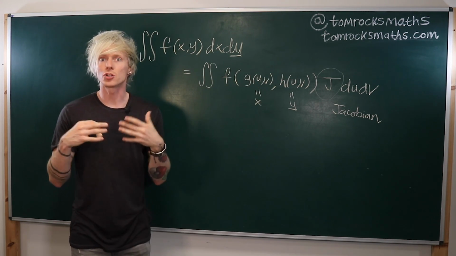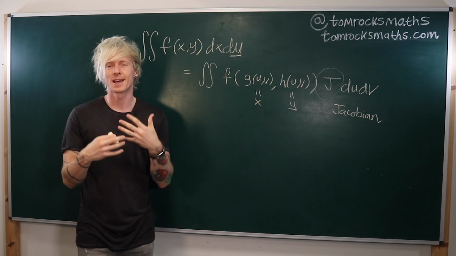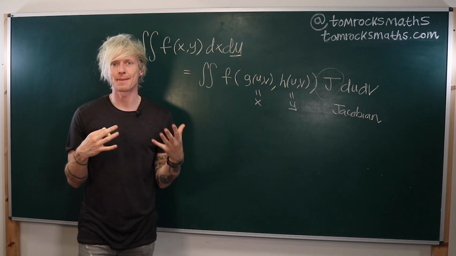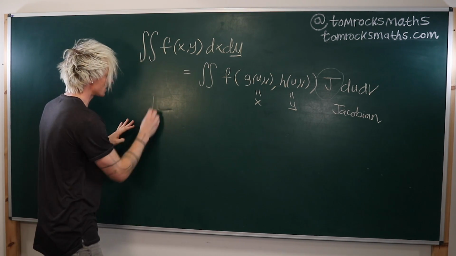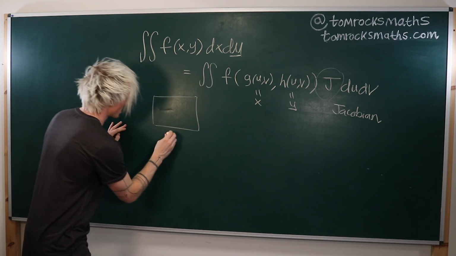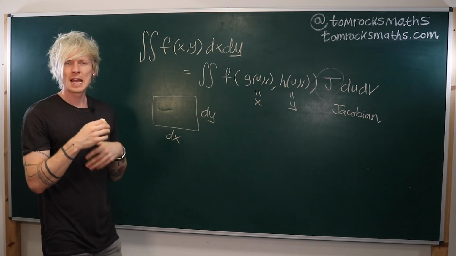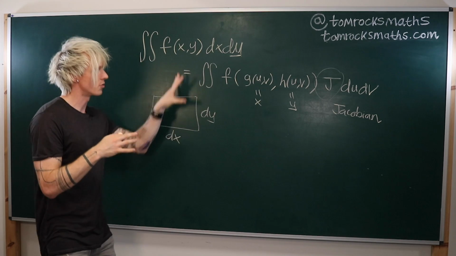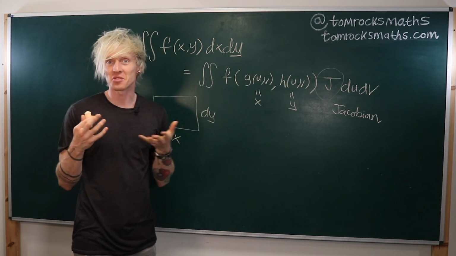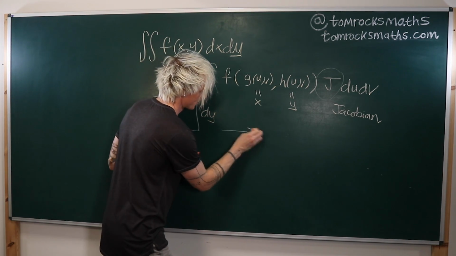When calculating our Jacobian, the trick is to think about what happens to a small piece of area, just like we did with polar coordinates and our circle example. So again, for Cartesians, we have a rectangle representing a small piece of area, which has width dx and height dy. Now, because we're considering a general coordinate change to any coordinate system, u and v, we don't know the exact shape that this will turn into.